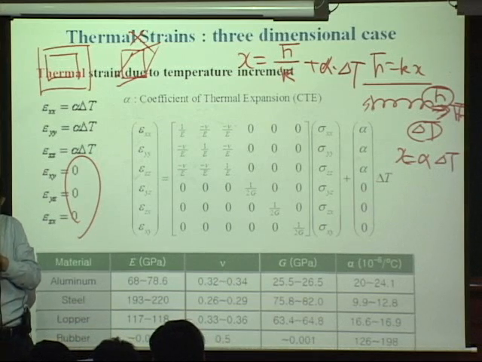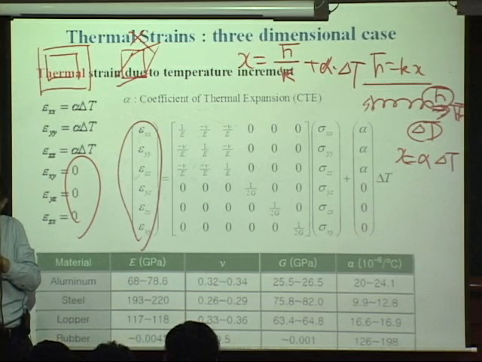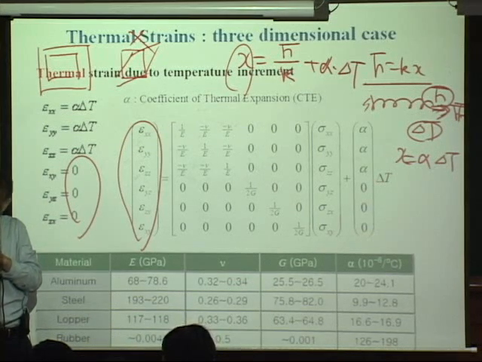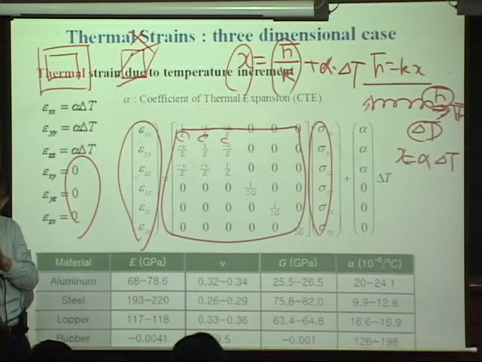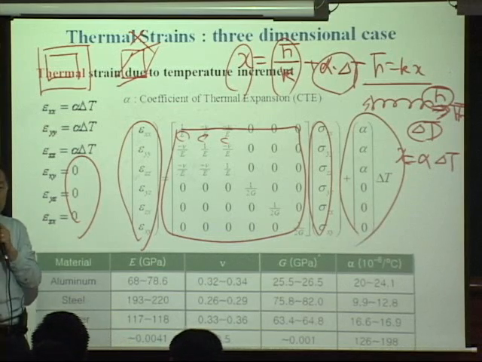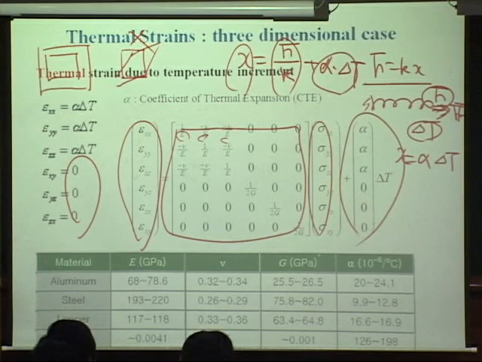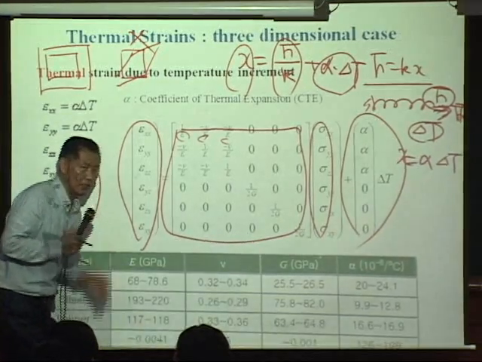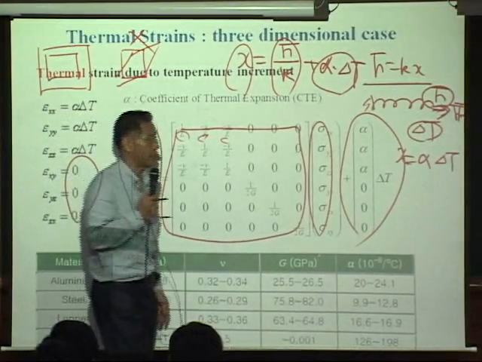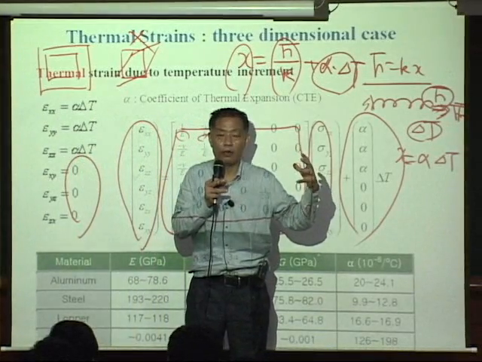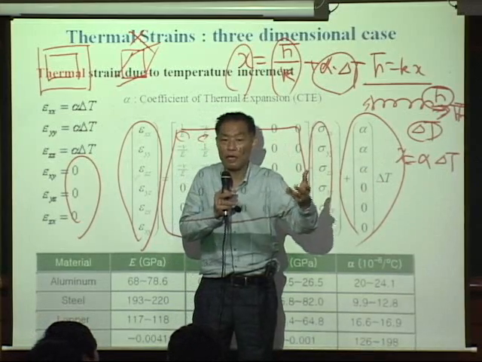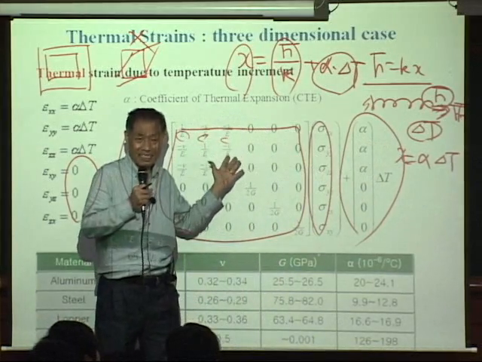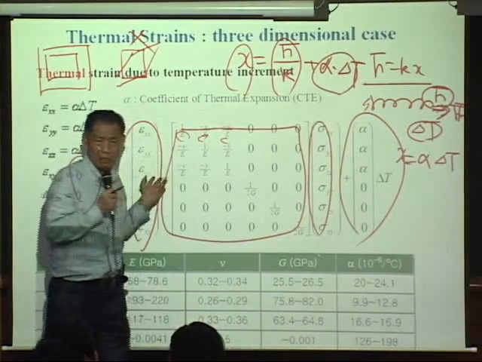So anyhow, this strain is the F divided by, see, this is an E here, and alpha delta T, same as this one. The only difference between this spring and the three-dimensional body is that we extend the concept from one dimension to three-dimensional space. In three-dimensional space, instead of force, we need to have 6 or 9 components of stress, right?